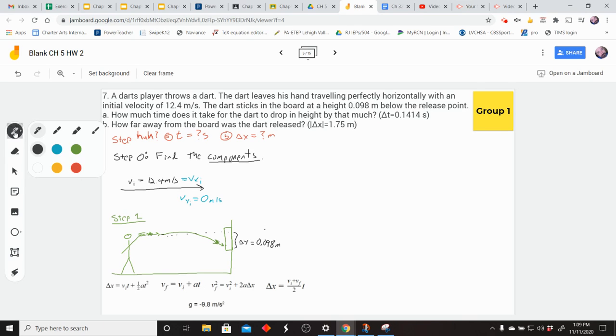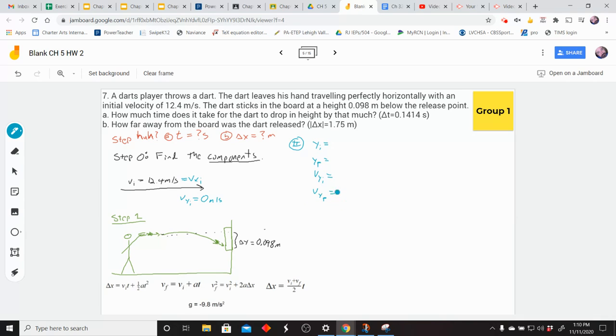So on to step 2. So remember in these problems, it's two-dimensional, so we actually have 12 variables that we need to figure out. And I like to draw the y variables first, because I know I'm going to do the y side of the problem first. So y initial, y final, vy initial, vy final.